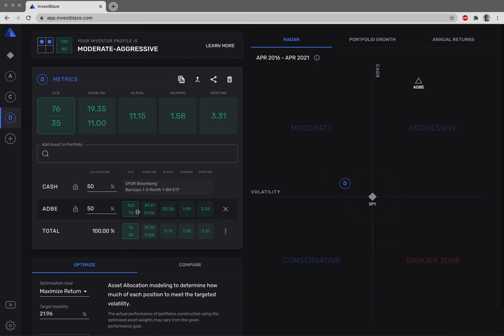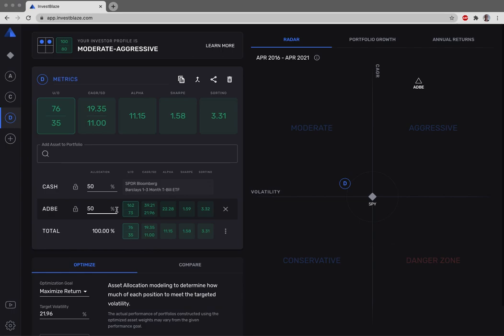That's why a lot of what I recommend is to manage your portfolio specifically to the downside, because you'd like to have as much upside as possible while keeping your downside capture wherever you feel comfortable. So if you're conservative and you like the Adobe stock, you can still be conservative in your portfolio by being 50-50 in cash and in the stock.